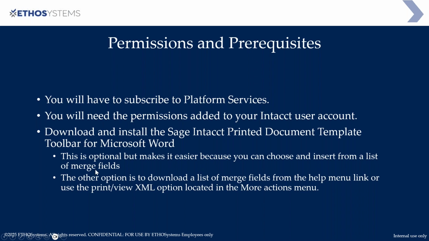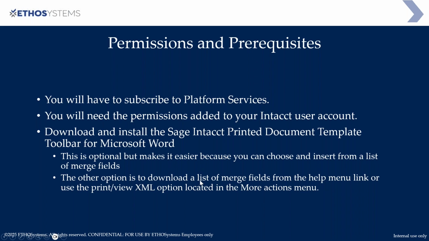Okay, the other option is to download a list of merge fields from the help menu in Intacct. When you look it up in the help menu, there's a link where if you click on it, it'll give you a Word document with a list of all the merge fields that you can then copy and paste from.